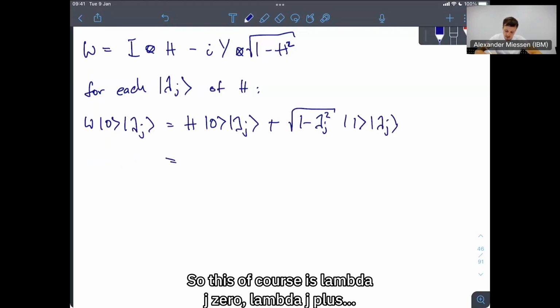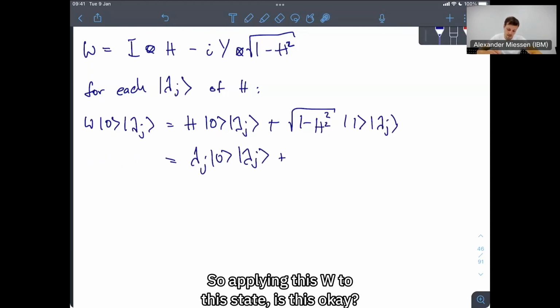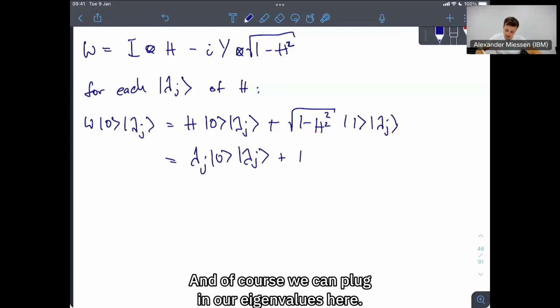Applying this W to this state yields this, okay? And of course, we can plug in our eigenvalues here.